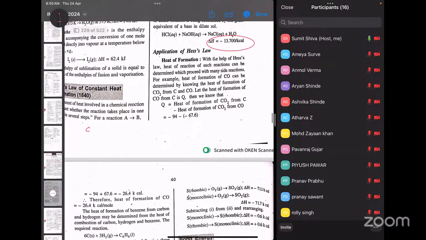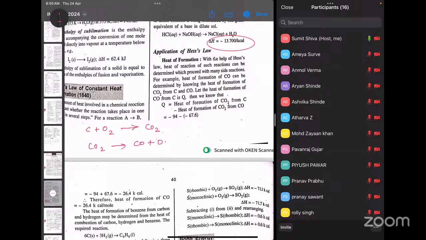And we have carbon plus O2 as CO2, and CO2 as CO plus O. So in the first step, CO2 is formed, and in the second step, CO2 is converted into CO. So the heat of formation of carbon monoxide CO according to Hess law will be according to these two steps.